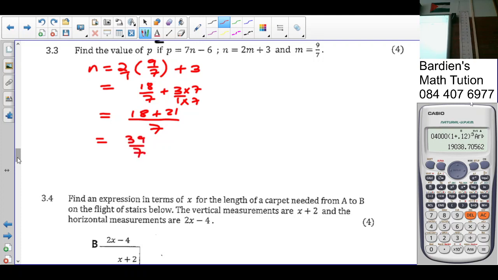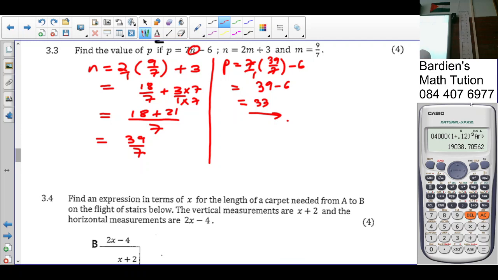So in other words, n is 39 over 7. Not so? So we do that substitution now. P is equal to 7 times n, and what is n? 39 over 7, minus 6. That's over 1, so that cancels. So you're going to get 39 minus 6, which is 33. So the value of P is 33. Alright?